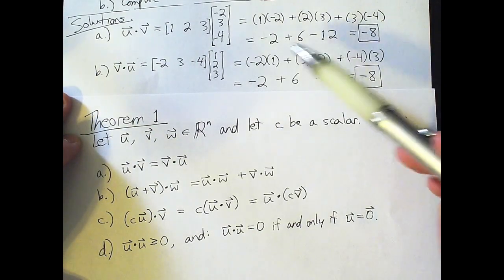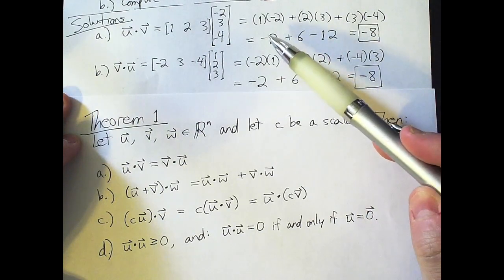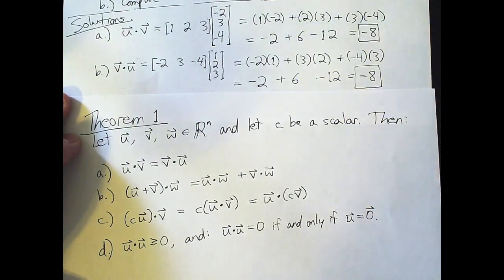Each of these products of real numbers is going to be greater than or equal to 0. So the only way that they're all going to add up to 0 is if it was 0 plus 0 plus 0 plus 0. That's how you would get it. So it would have to only happen when it's the 0 vector.